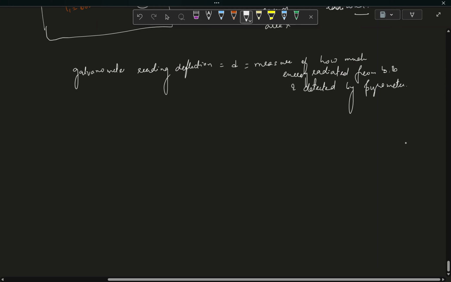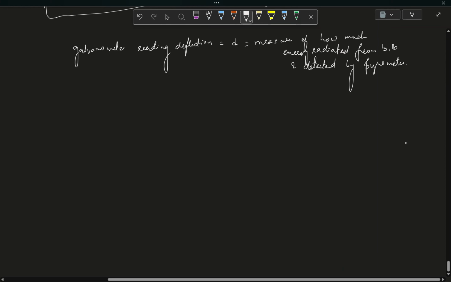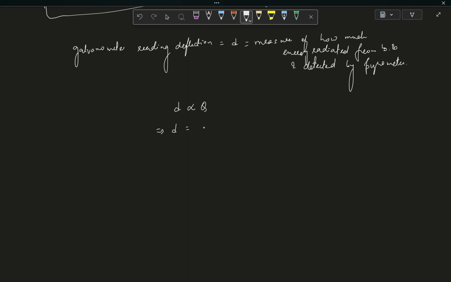So basically you can think of it like they are directly proportional to each other. So D is directly proportional to Q, or D will be simply some constant, let's say K, times T to the power 4 minus T0 to the power 4.